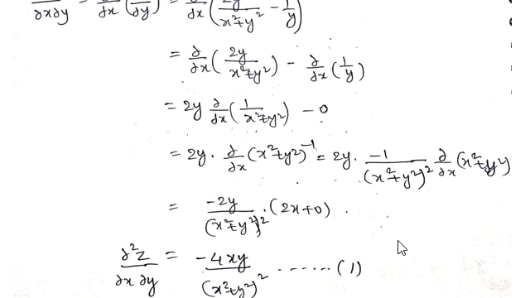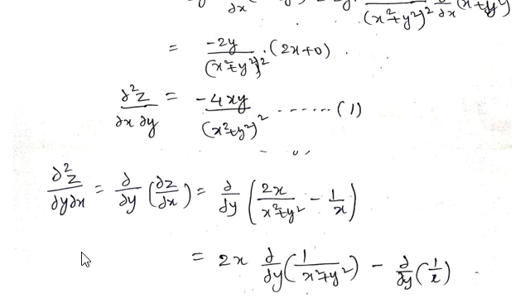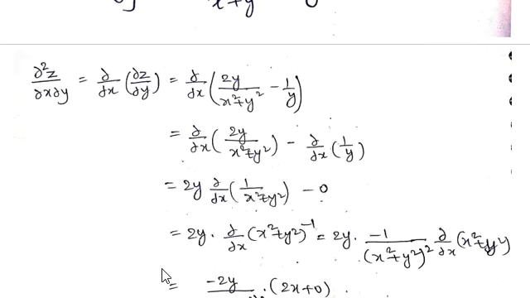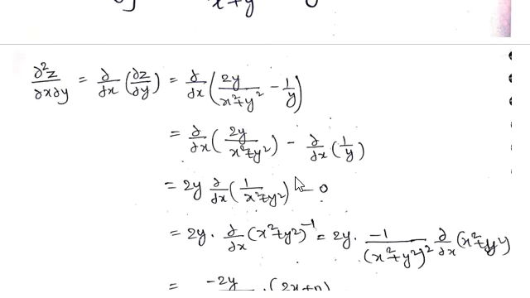Let us take this as equation number 1, and we require ∂²z/∂y∂x also, so you can write that as ∂/∂y of ∂z/∂x. We have found ∂z/∂x here, 2x by x square plus y square minus 1 by x.